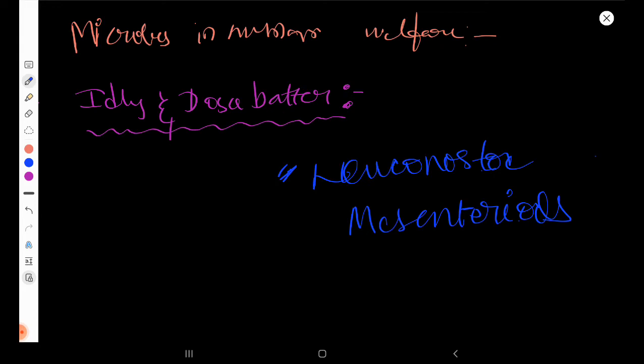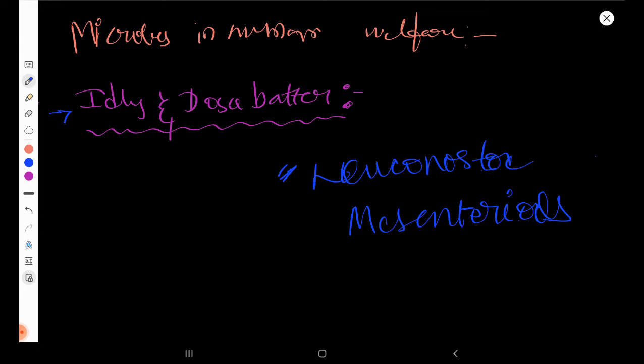As you all can see on your screens, the first use for today is idli and dosa batter fermentation. Your mother, while preparing this idli and dosa batter, used to soak the rice and some different ingredients overnight, and after that she would grind it very well into a smooth paste and preserve it.